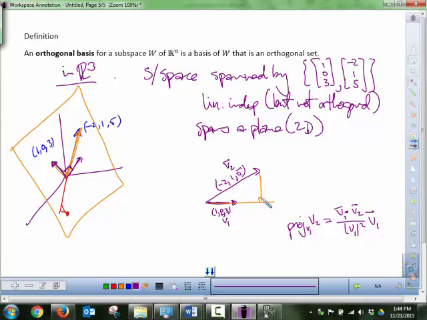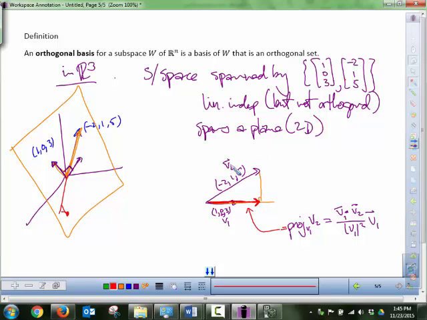Okay? So the projection vector is going to be this vector. That's what the projection means.